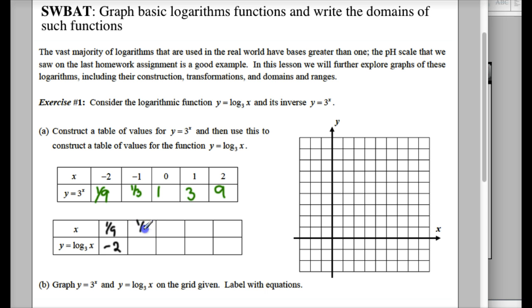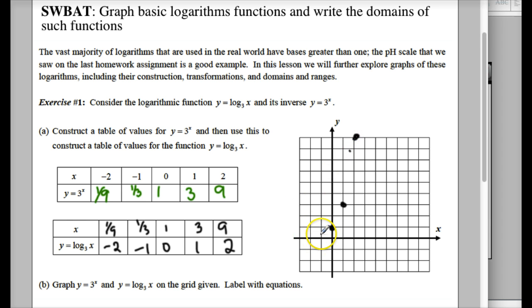And I'm going to go ahead and fill up this table using my function. It's negative 1, 0, 1, and 2. Now graphically, what does it look like? So I want to plot these. At 0 it's 1, at 1 it's 3, at 2 it's 9, so that will be somewhere here.